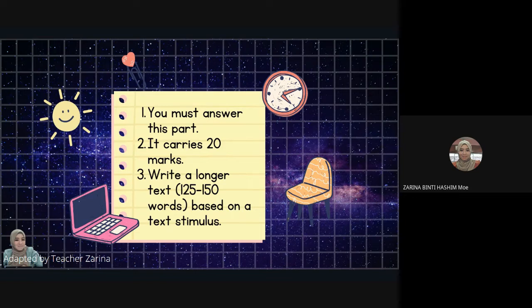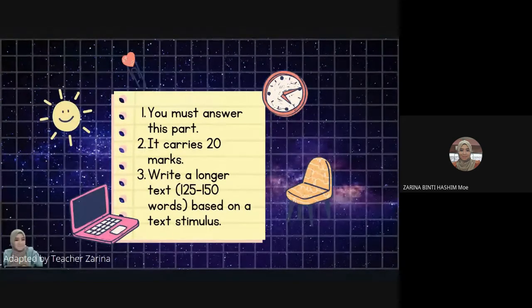If you think you can write all three essays within the time given, you can always write more than what is given to you. But do not write a very short one; try to write within the number of words given.